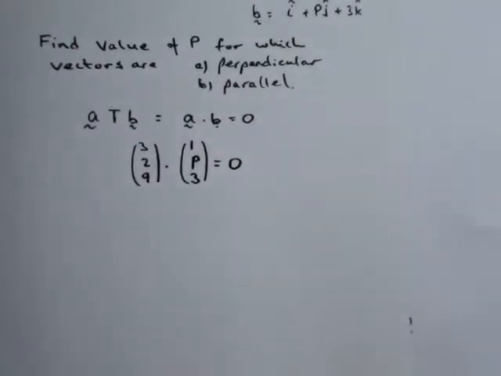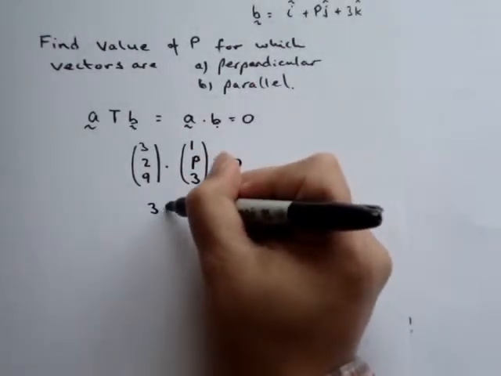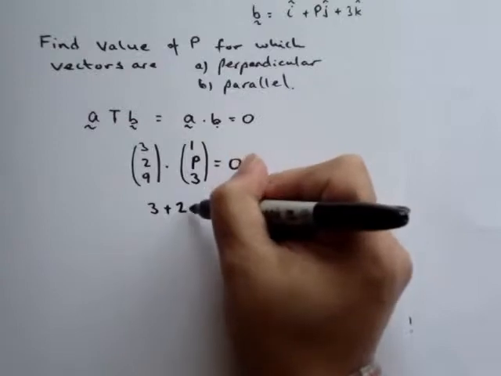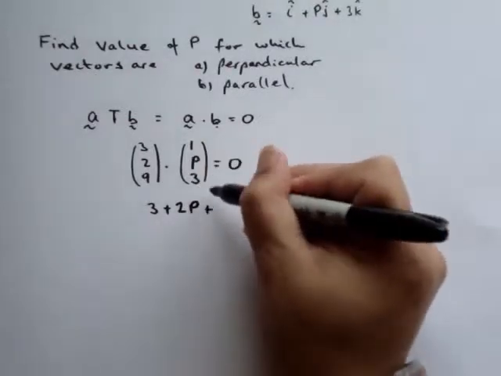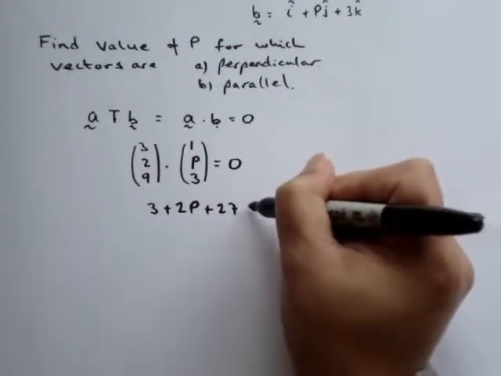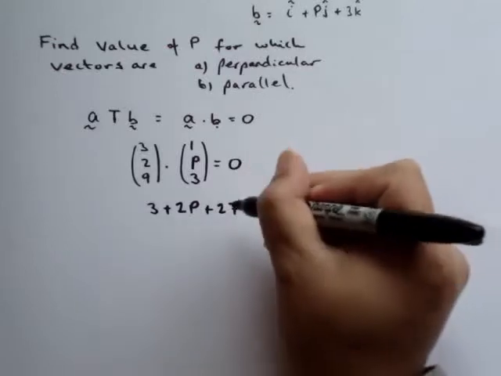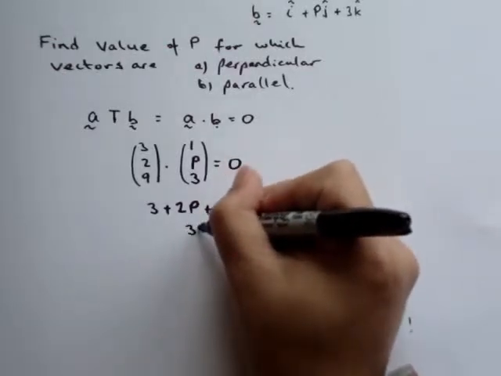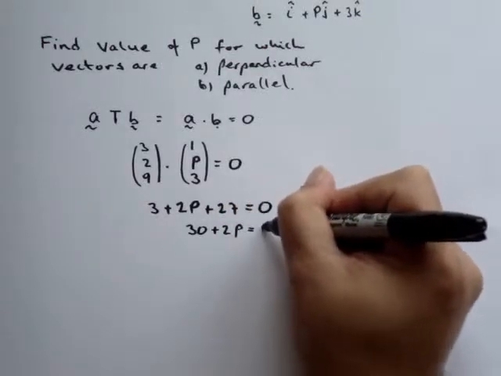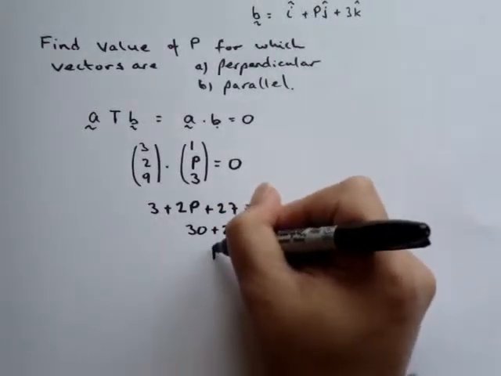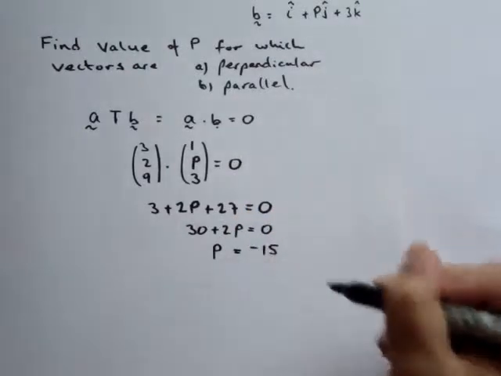So when we do the dot product, we get 3 times 1 is 3 plus 2p plus 9 times 3 is 27 equals 0. So 27 plus 3 is 30 plus 2p equals 0. Therefore p equals minus 15.